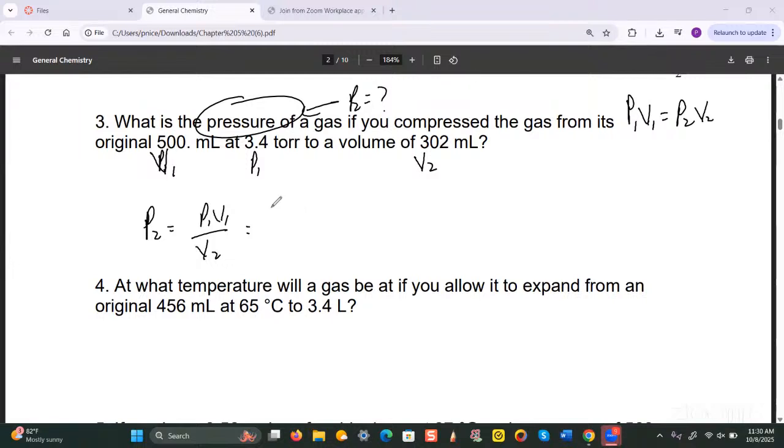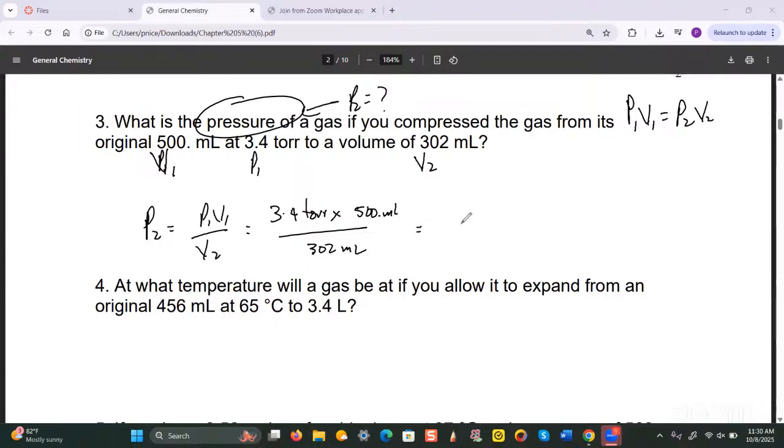So P1 is 3.4 torr times V1, which is 500 mL, divided by V2, which is 302 mL. So let's see what that gives. 3.4 times 500, and then we divide that by 302.